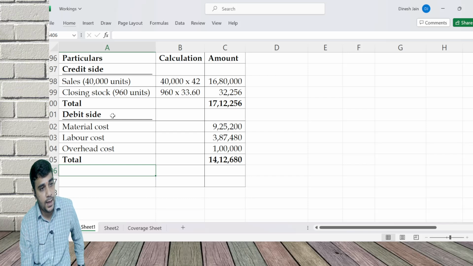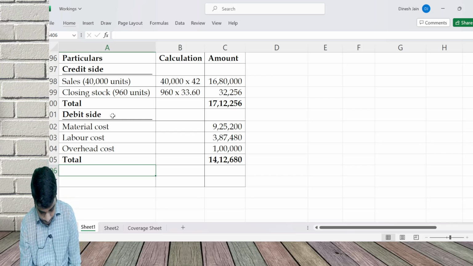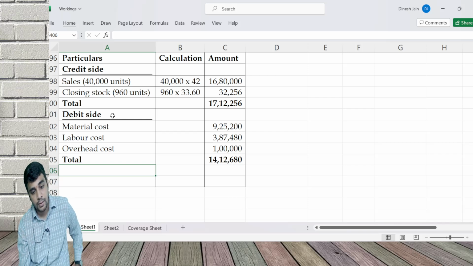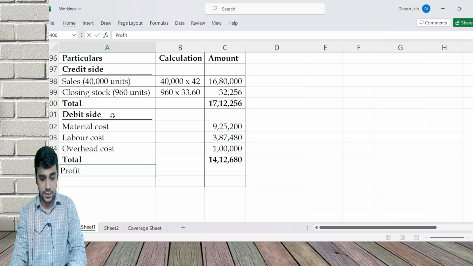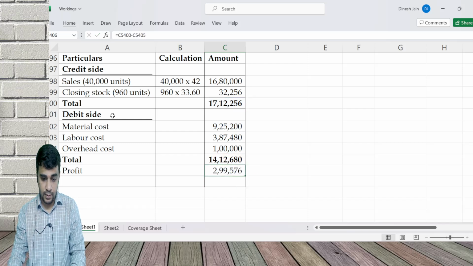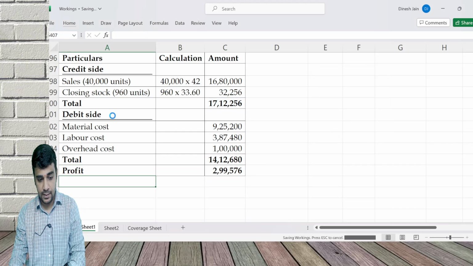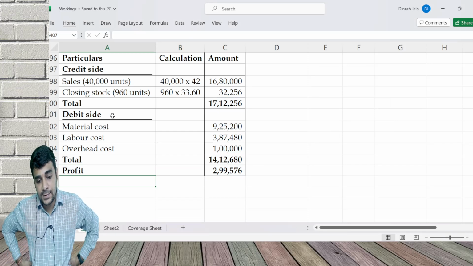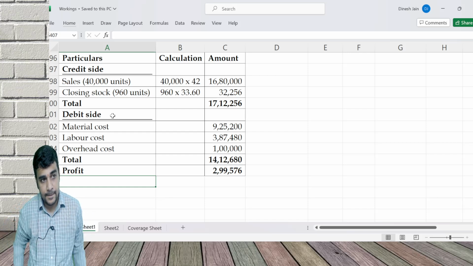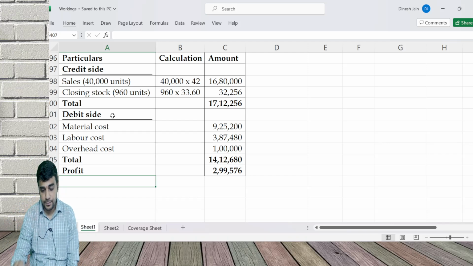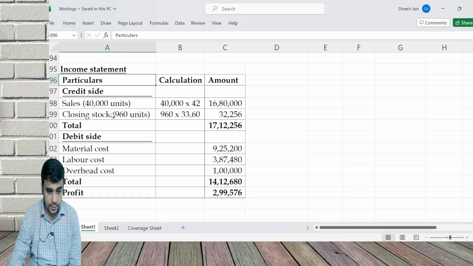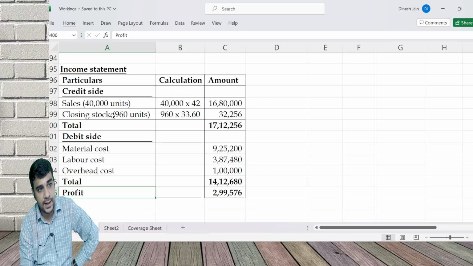Last column of every variance table. Profit is 2,99,576.